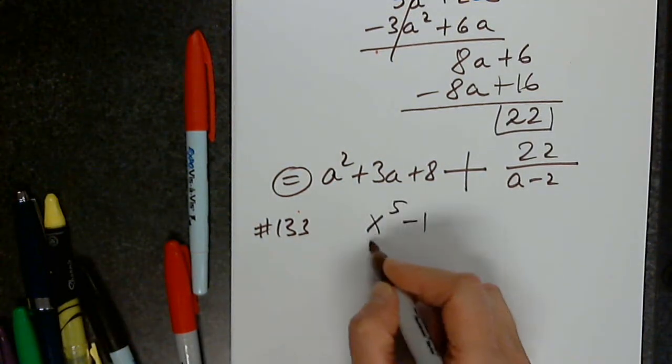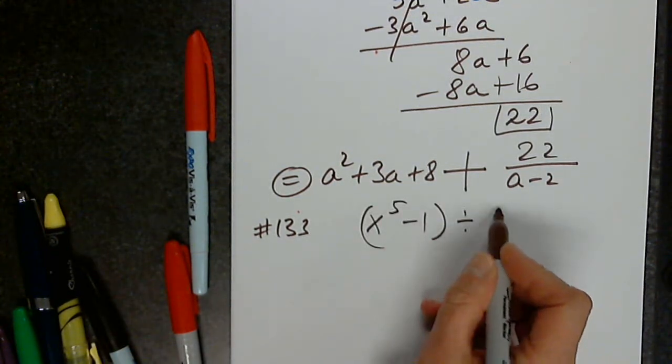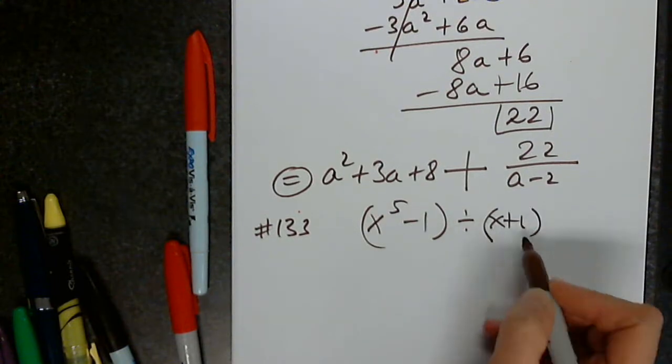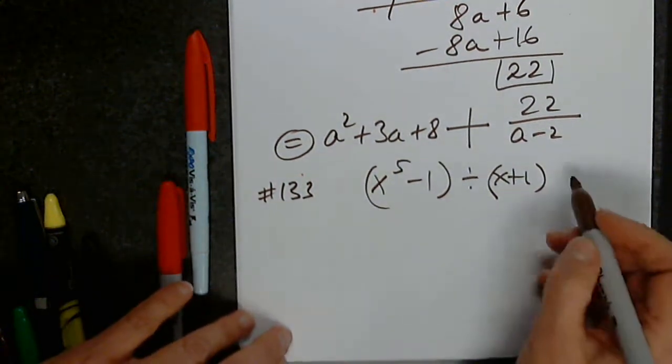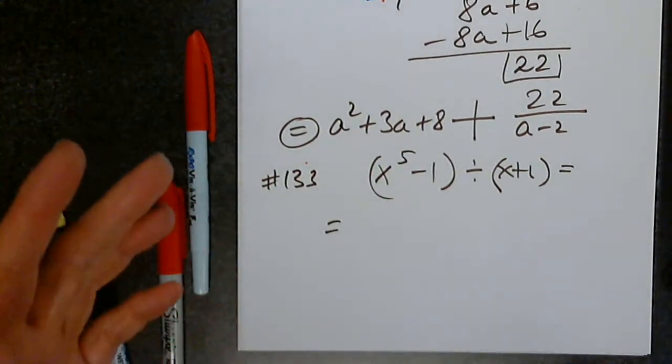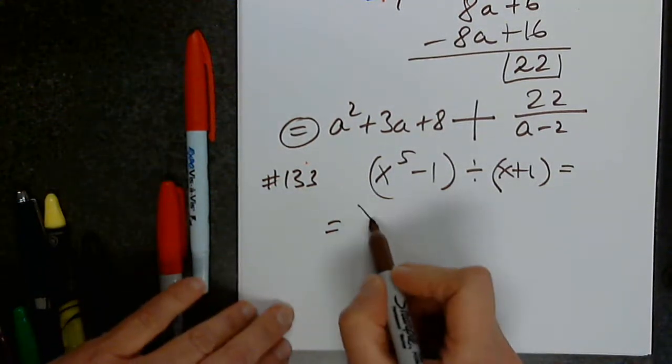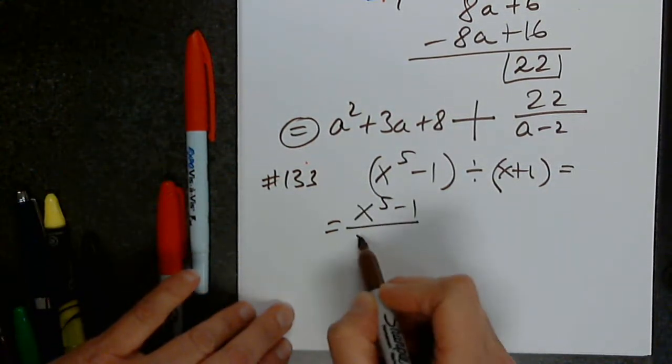It is x to the 5th minus 1 divided by x plus 1. So first of all, I have to arrange it the way I know it should be written, right? And it should be written like this, correct?